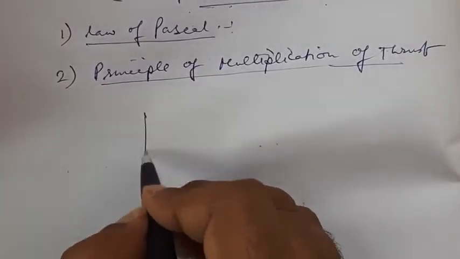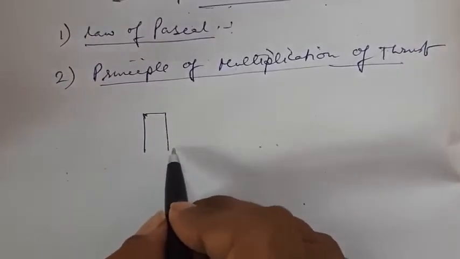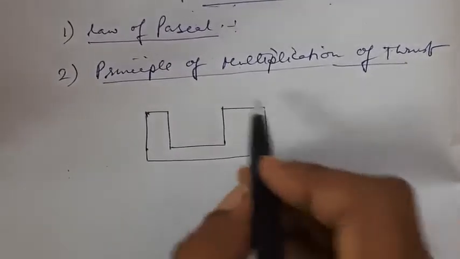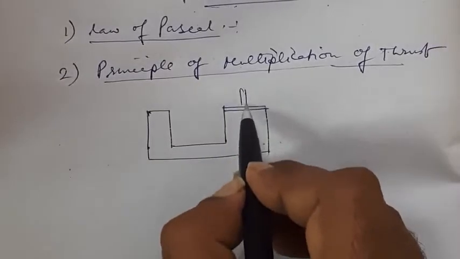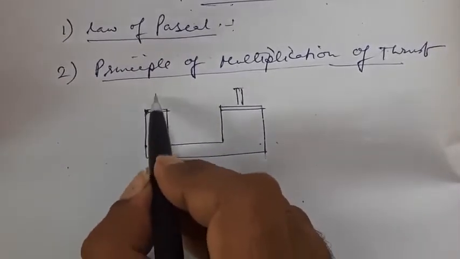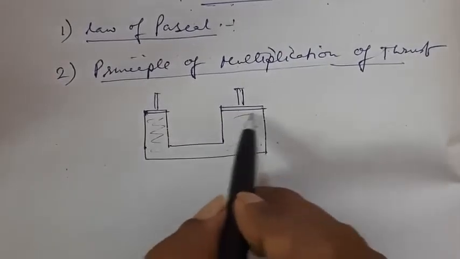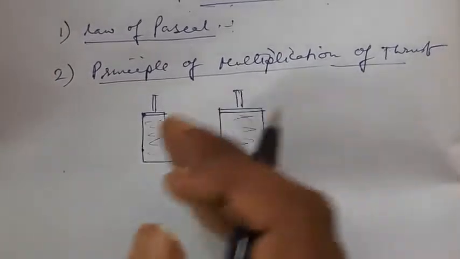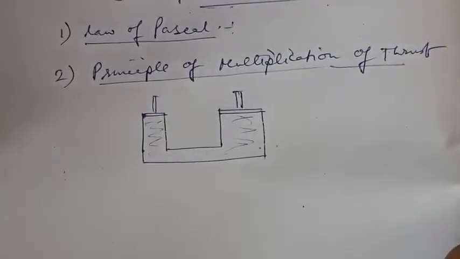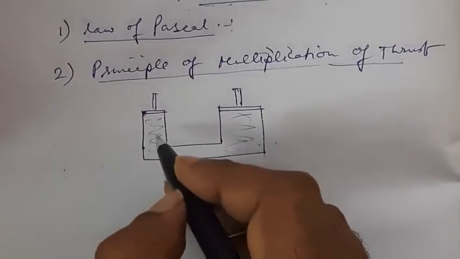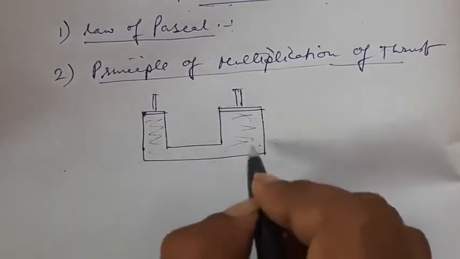Let us take a smaller piston and a larger piston. Let these be two pistons, with fluid in the form of oil or water. Water is not placed here because of some difficulties, so any kind of oil can be put here.